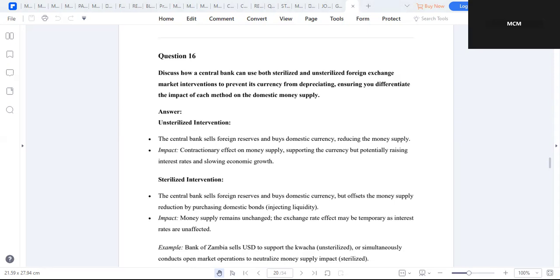So, as I mentioned, the unsterilized interventions are simple interventions where the central bank will sell foreign reserves, like the US dollars, in exchange for domestic currency, like the kwacha. So, in essence, when we in Zambia have our kwachas out there, when you go abroad, for instance, you'd want your kwacha, it may not be recognized forever.